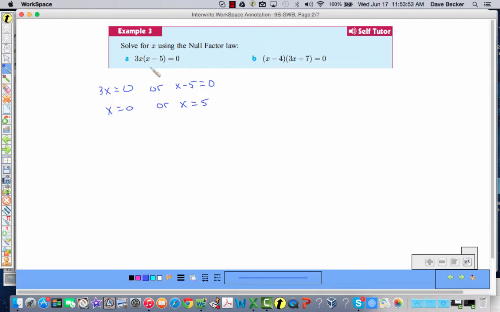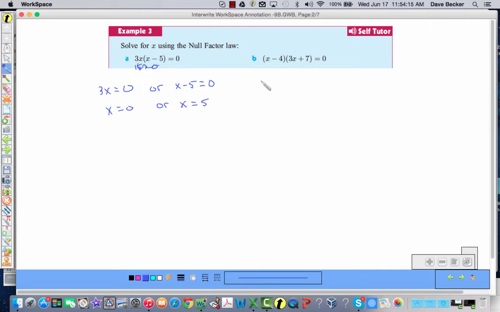I don't even have to go that far, because I have 0 times something. 0 times anything is equal to 0. And when x equals 5, my 0 occurs here. 5 minus 5 is 0, right? And x equals 5, I get 15. It doesn't matter. 15 times 0 is 0. So it works for that as well.